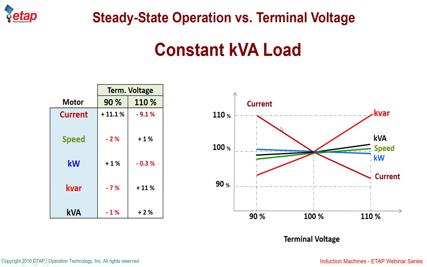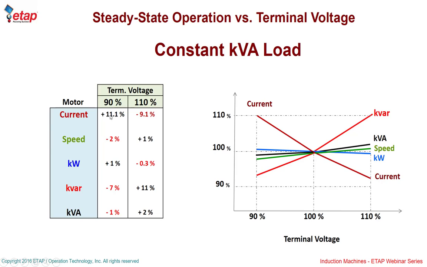And you can see based on constant kVA, if your voltage changes by 10%, the current goes 1 over 10%, which becomes 1 over 0.9. It changes by 11.1%, and vice versa. If it goes to 110%, the current comes down to a lower value.